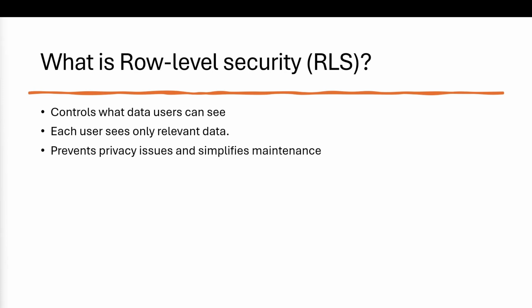Which is a privacy and security risk. The other alternate way would be to create 500 different dashboards for each user, right? Which would be a nightmare to maintain. With row-level security, one dashboard is enough. It will automatically filter the data for each user.